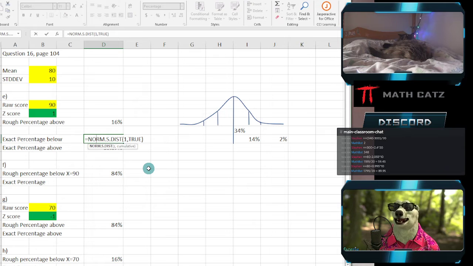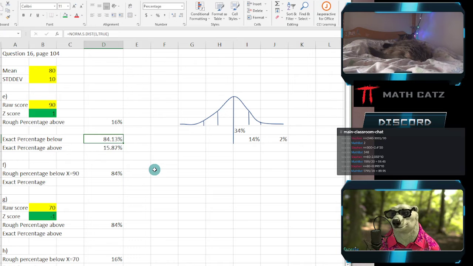Now, I'm not typing in this function and remembering all the arguments. I'm using the insert function to guide me through what the input should be, what the function is trying to do. I don't have to memorize these things. I only remembered this is a normal distribution, and from there on I explored according to the description.